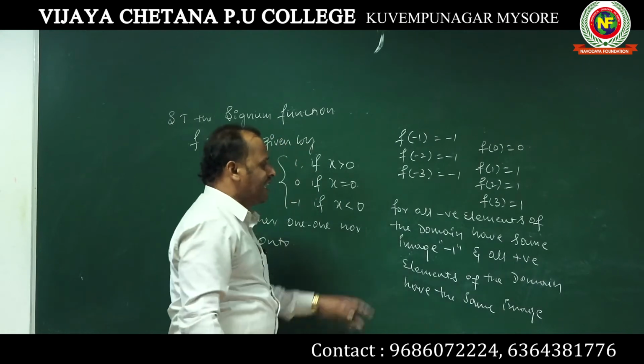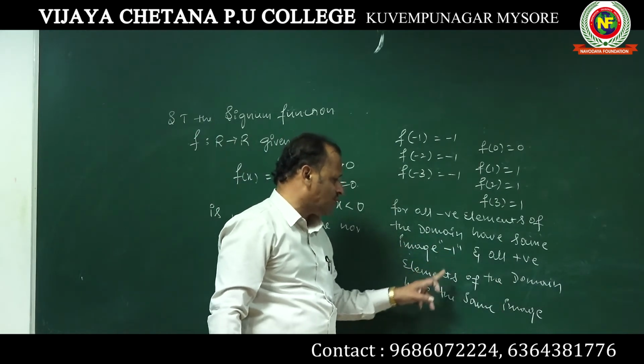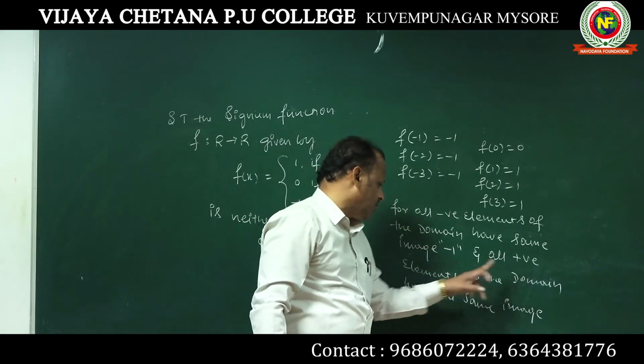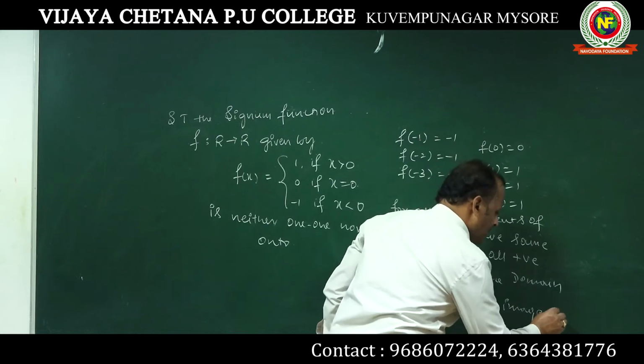In the domain, all negative elements have the same image minus 1, and all the positive elements of the domain have the same image, that is plus 1.